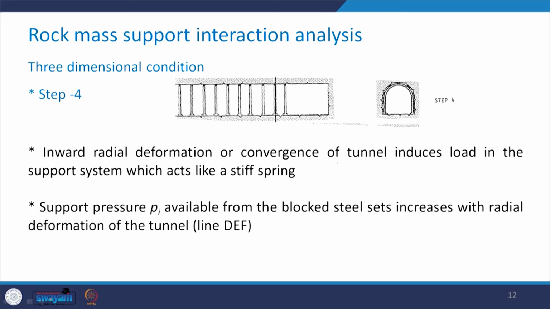Now, in this case, the inward radial deformation or the convergence of the tunnel induces a load in the support system, which acts like a stiff spring. So the support pressure Pi available from the blocked steel sets increases with the radial deformation of the tunnel.